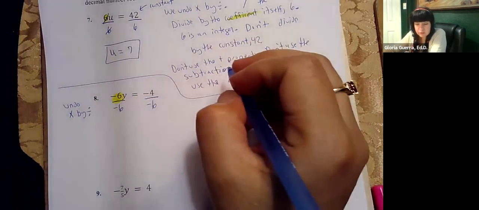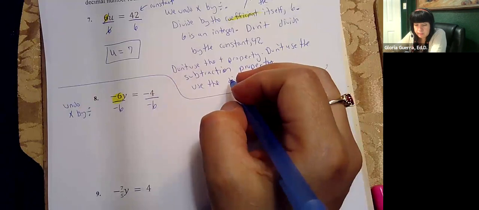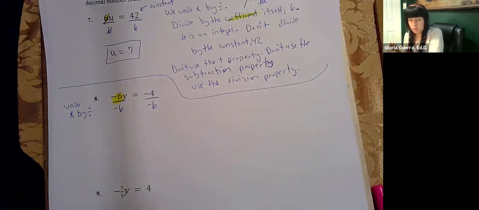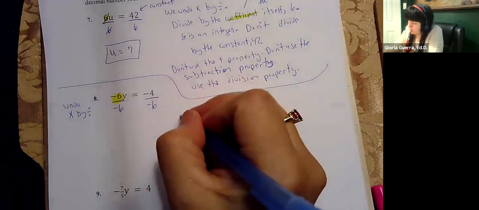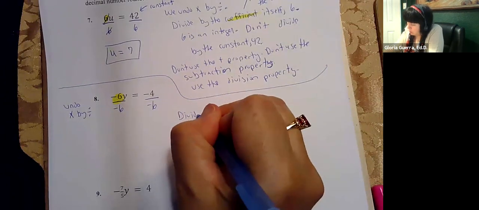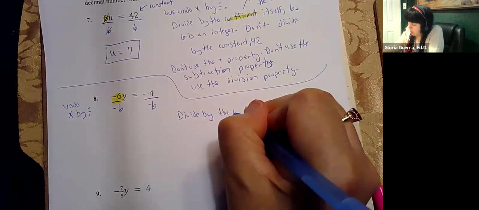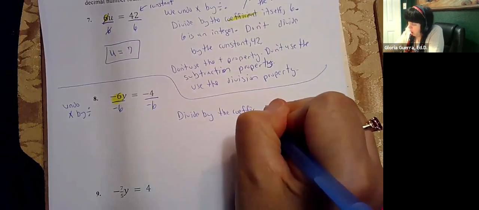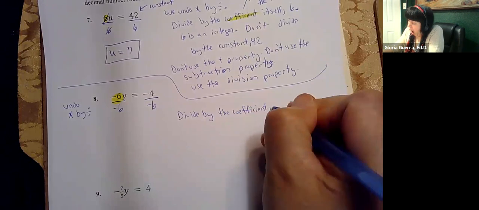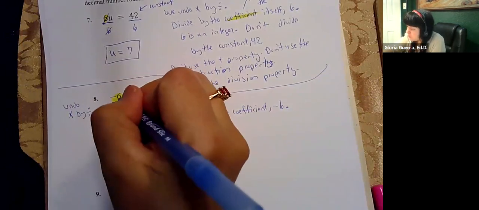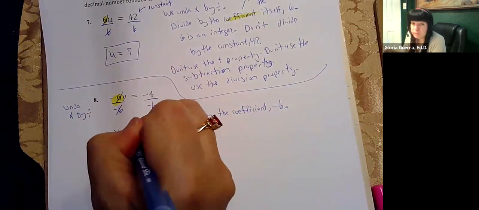So I'm going to write that down. Divide by the coefficient -6. These divide out.